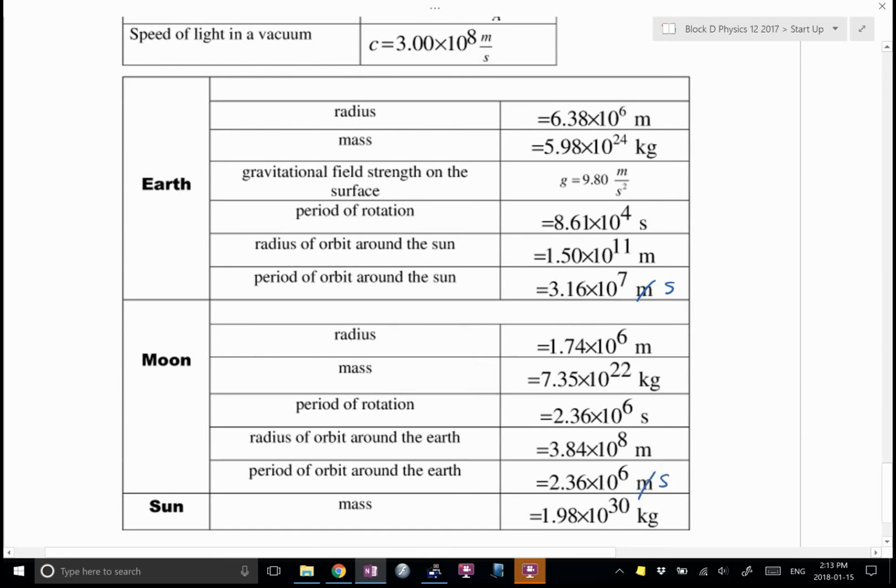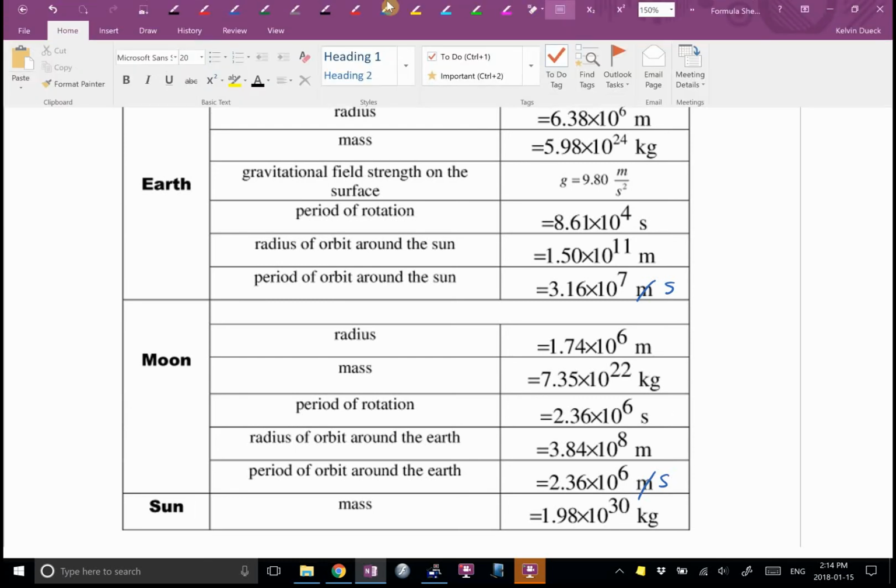I think those are the only two that I have the wrong units on. I must have been cutting and pasting foolishly, because period is measured in seconds. So you can fix that on both your blue and your yellow sheet. Sorry. Don't know what happened. Getting old.